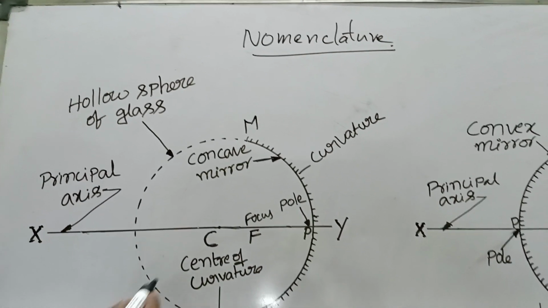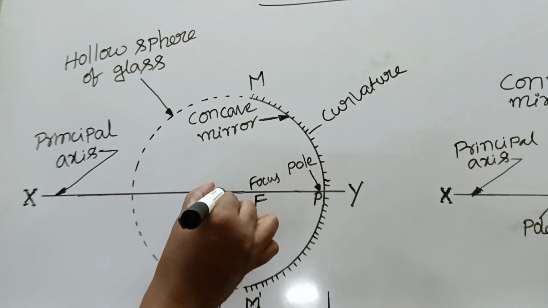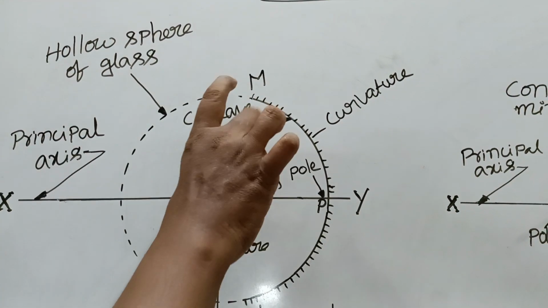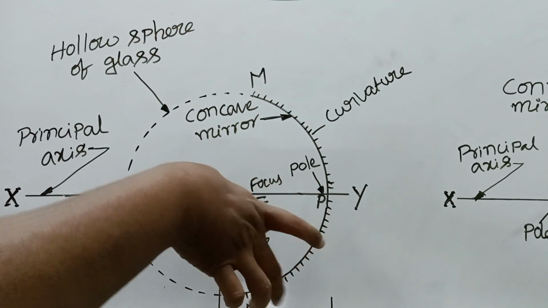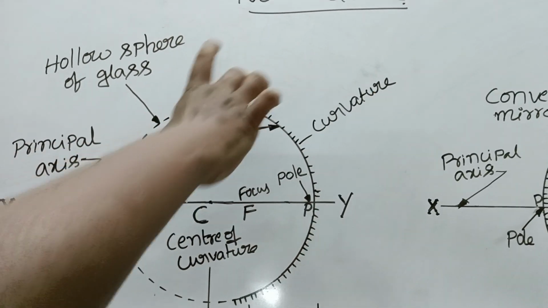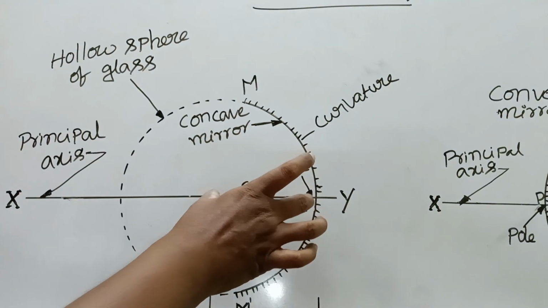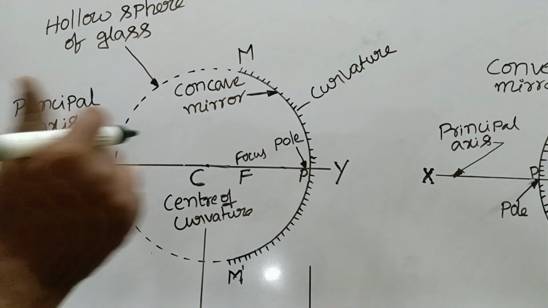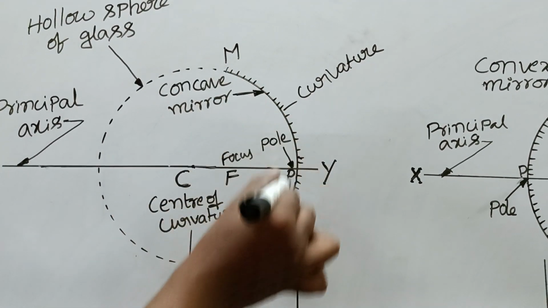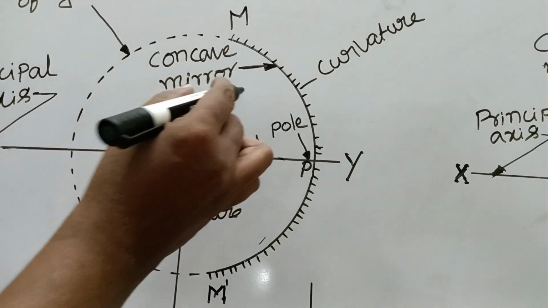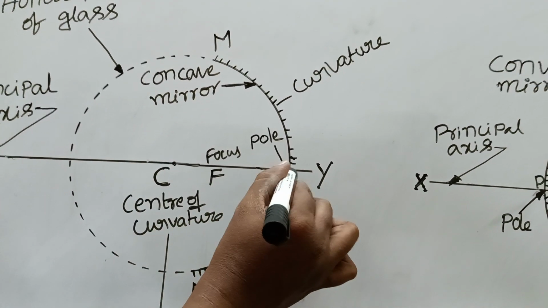First of all, we have the center of curvature, called C. It means we take C as the center, and we can draw a curve like this. Therefore, this is the curvature and this is called the center of curvature. It is nothing but the radius of the sphere, but we take only part of the hollow sphere as the concave mirror. This is the center of curvature, and this is the pole.